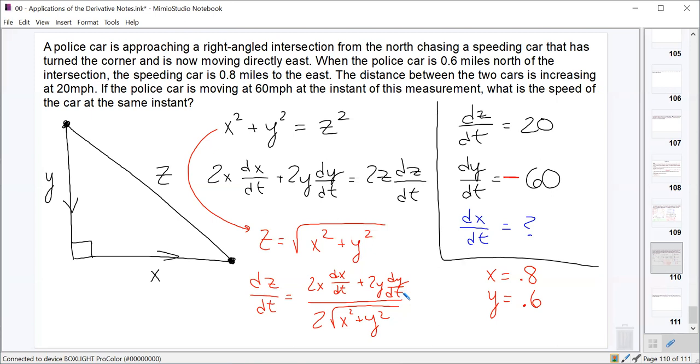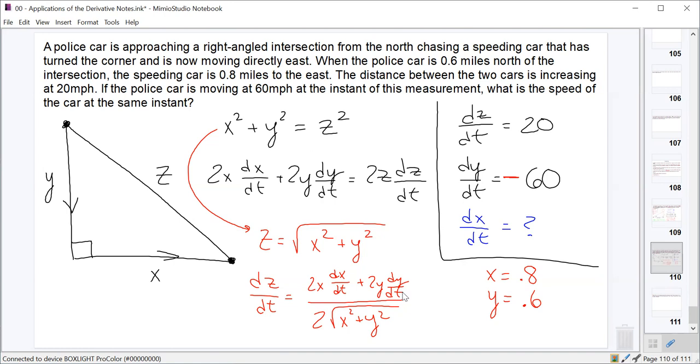So we could go about this problem in either method. And we'll note that this second one, we don't actually have to find the value for z. So either way you want to do it is fine. We're actually going to take a look at how to do this both ways.